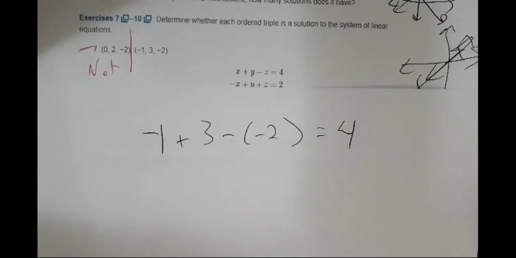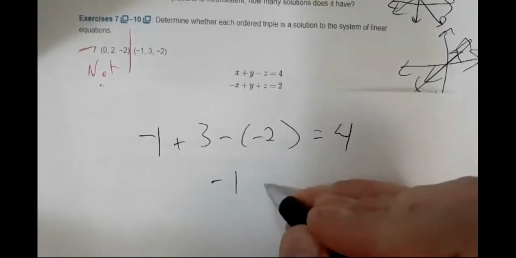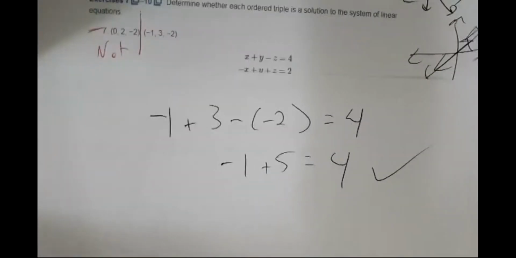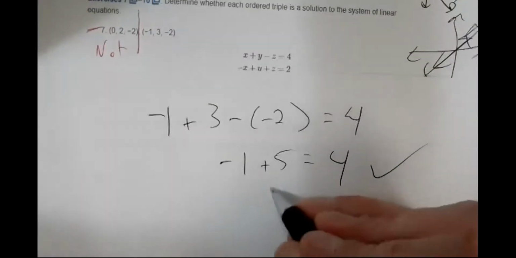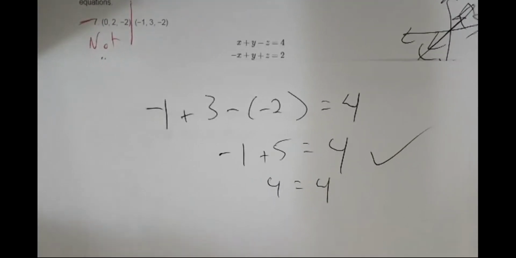-1 plus 3 minus a -2 equals 4. Mm-hmm. I believe that gives us -1, and this is 3 plus 2, which is +5. I think that checks. 4 equals 4. The next one looks like what?